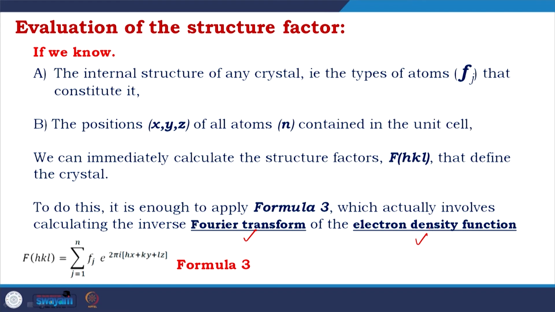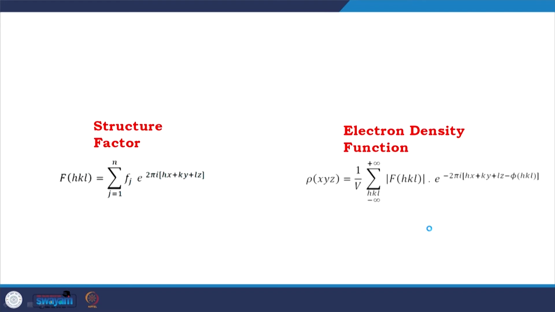So, we talked about the structure factor, which is F(hkl) equal to summation j equal to 1 to n f_j e to the power 2 pi i (hx plus ky plus lz), and the electron density function, which is rho(x,y,z) equal to 1 by V summation over hkl from minus infinity to plus infinity of F(hkl), which is the amplitude, into e to the power minus 2 pi i (hx plus ky plus lz) minus phi(hkl).